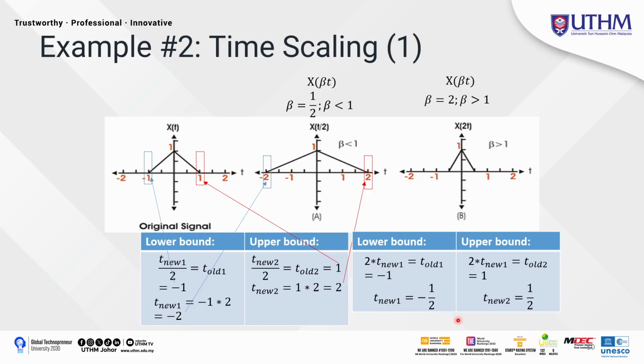Moving the 2 to the right hand side is divide, so -1/2. And then the upper bound: 2t equal to the old location, which is 1. So t is 1/2. So it is from -1/2 to +1/2. Do you get it?